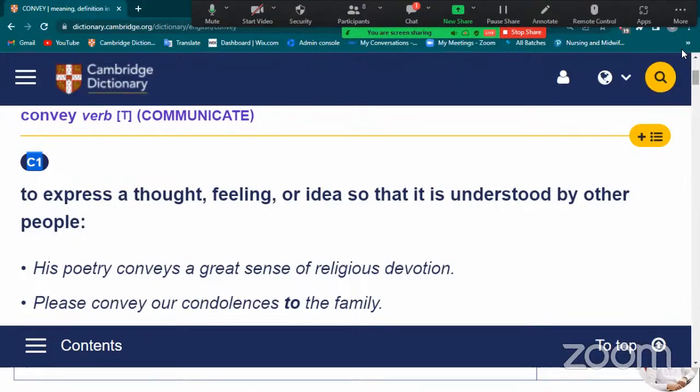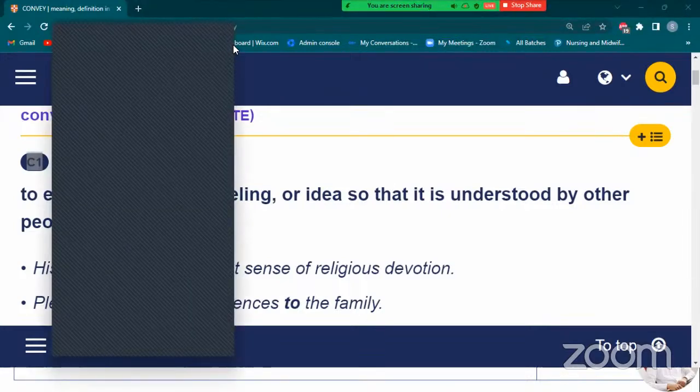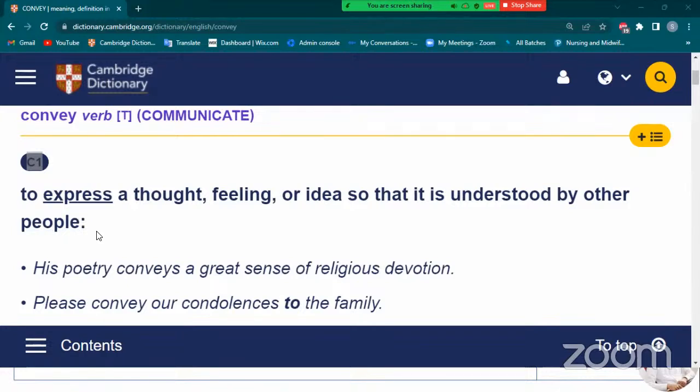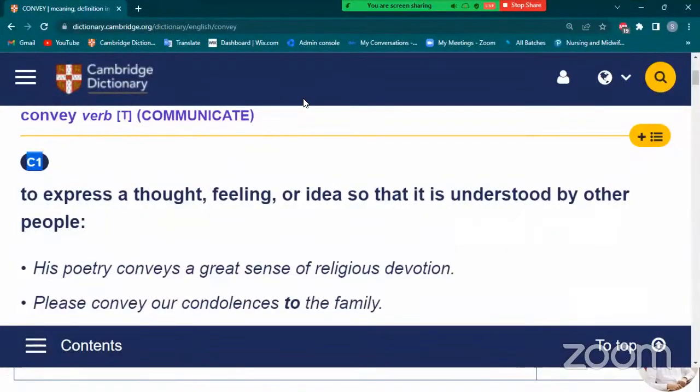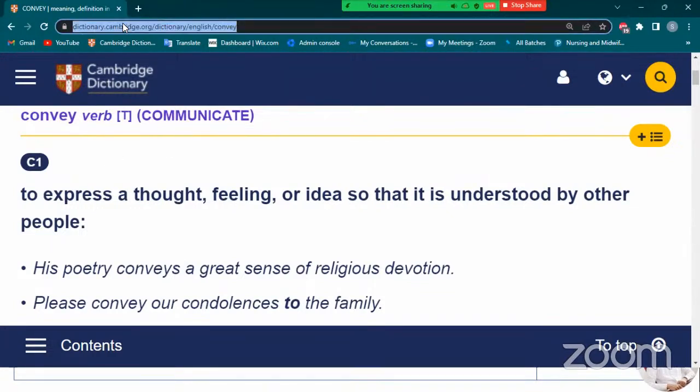This is a C1 word. He has used a very powerful word. That's it. So pass on, to express a thought, feeling, or idea so that it is understood. So information is passed on to the other person. Convey. Now let us see the meaning of articulate.